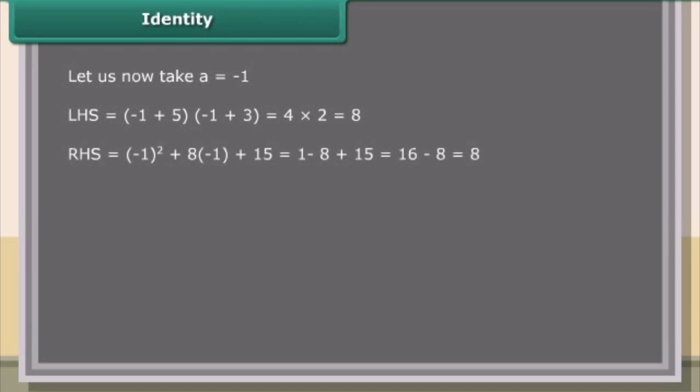RHS is equal to minus 1 squared plus 8 into minus 1 plus 15, which is equal to 1 minus 8 plus 15, which is equal to 16 minus 8, which is equal to 8. For a equal to minus 1, LHS is equal to RHS.